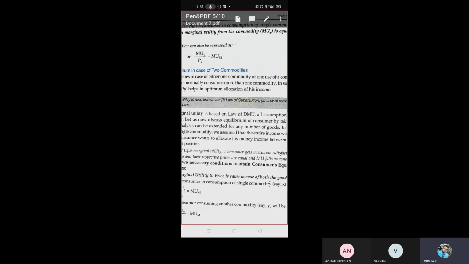So a consumer will be in equilibrium when the marginal utility of Dairy Milk divided by the price of Dairy Milk is equal to the marginal utility of Munch divided by the price of Munch, which is equal to the marginal utility of money.